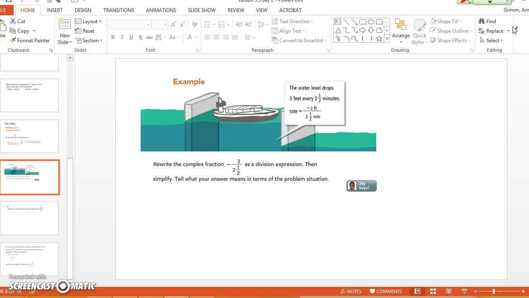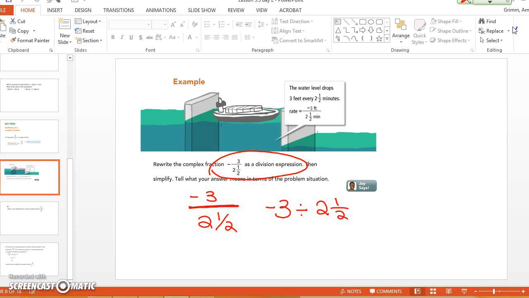Every 2.5. Okay, so they're saying rewrite the complex fraction as a division expression, then simplify. So this is saying negative 3 over 2.5. What did we just say the fraction bar was? A division. So we're just going to change it to negative 3 divided by 2.5.